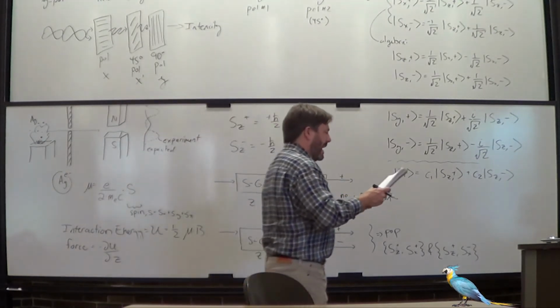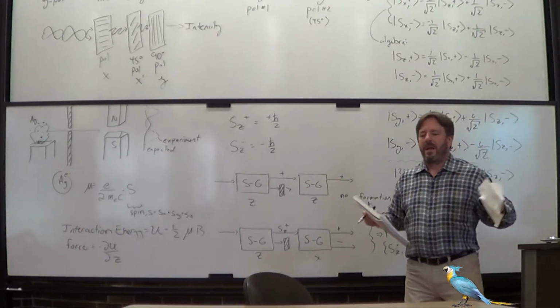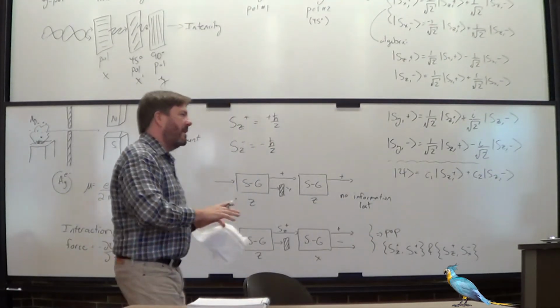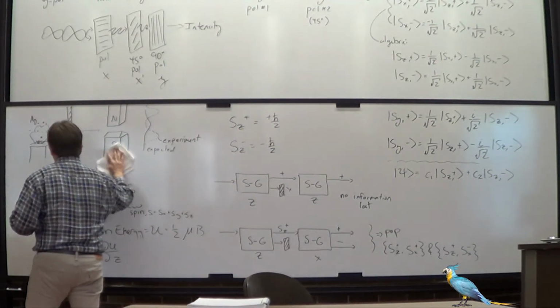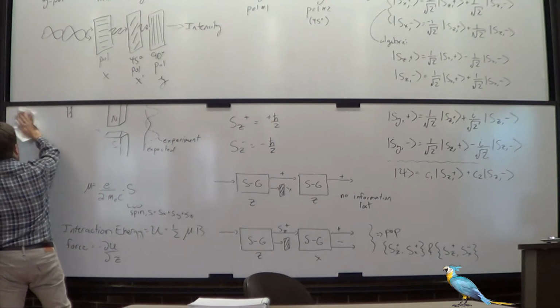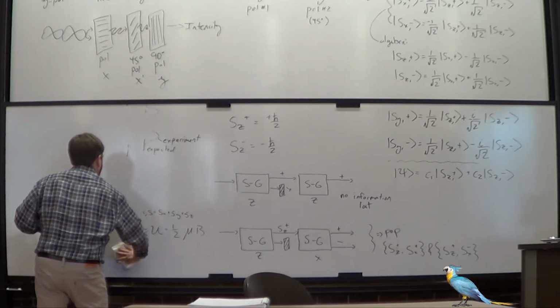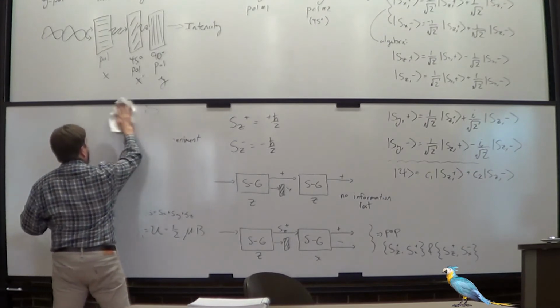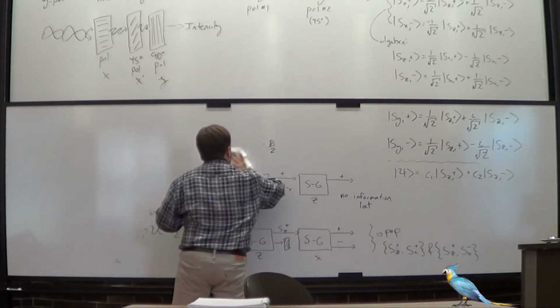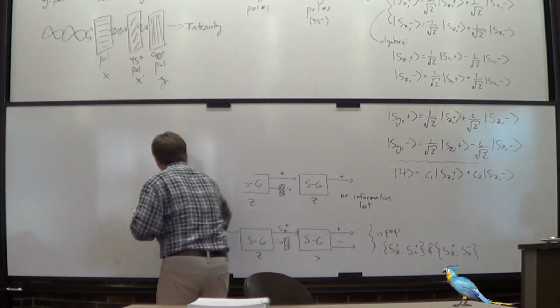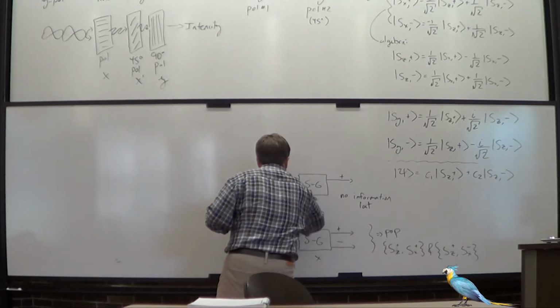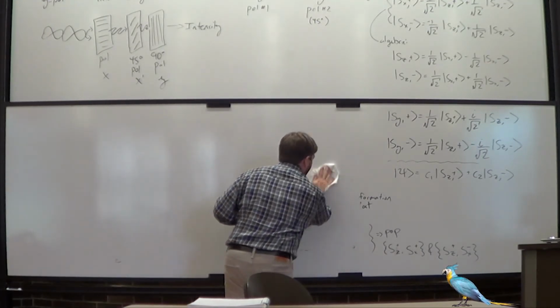Now the next thing I want you to do, and I'm going out of order in the book on this, but I want you to see this right now. When you're doing homework problems, a lot of times to understand how things work, I like to write things out as kets. Plus a ket, minus a ket.